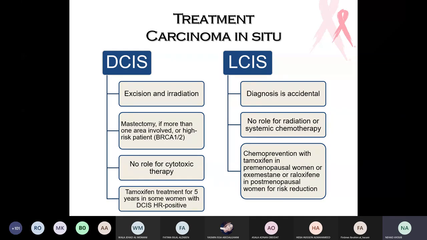Can we do irradiation after we do the excision? Yes, sometimes we do. Here we do external beam local irradiation. So now we removed with surgery, we did excision, and we did irradiation to the involved breast.